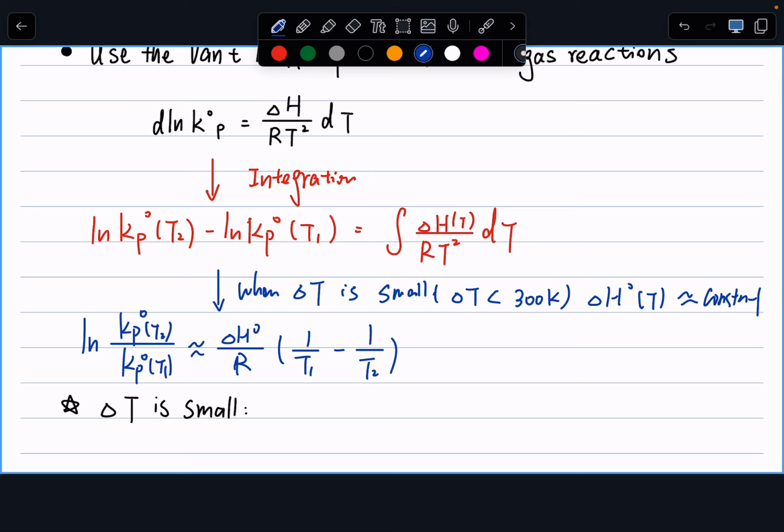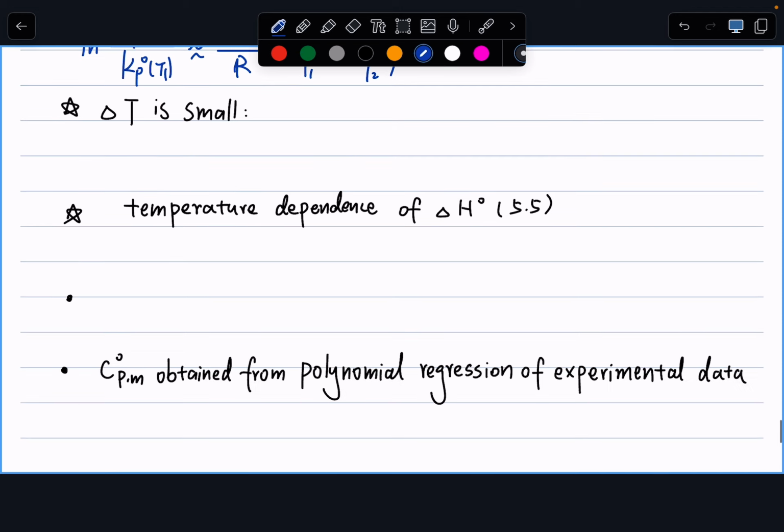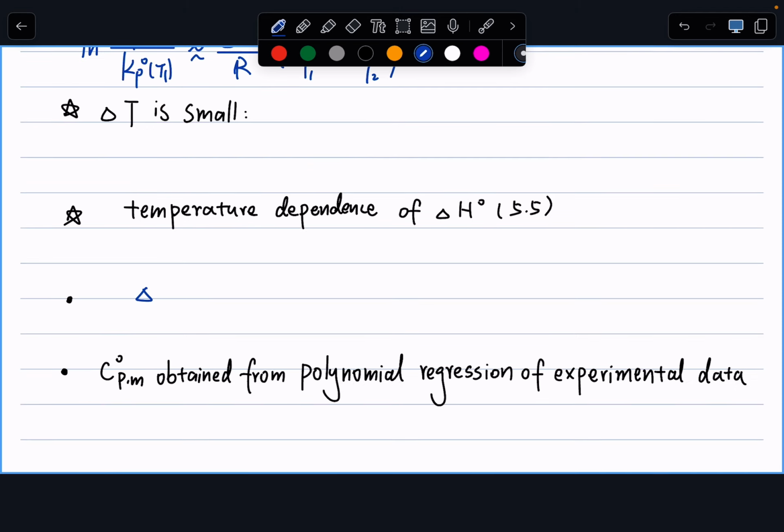So my delta H naught as a function of temperature is the integral from T1 to T2 of delta Cp naught of the reaction dT.